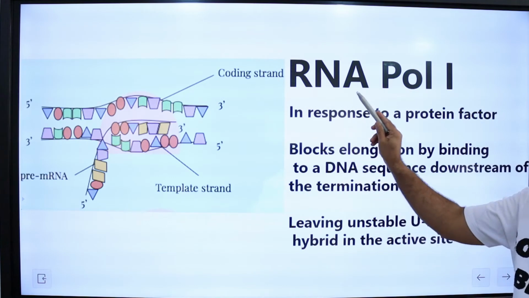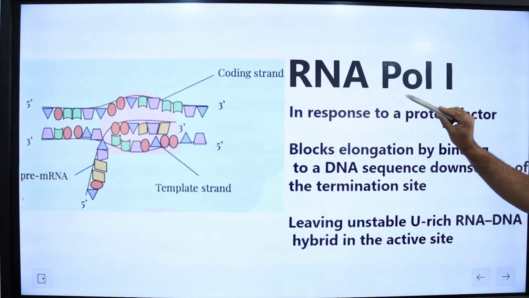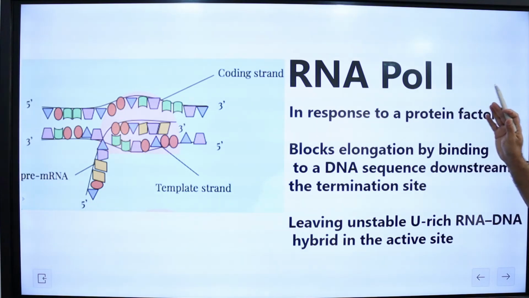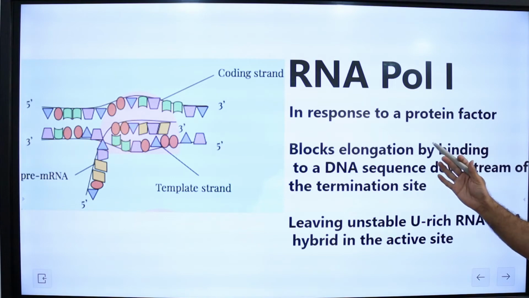On the other hand, RNA polymerase 1 and 3 require termination signals. The gene transcribed by RNA polymerase 1 contains a specific 18 nucleotide sequence that is recognized by a termination protein. So, RNA polymerase 1 requires a protein factor to terminate the synthesis of RNA.